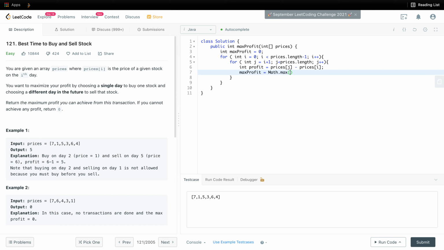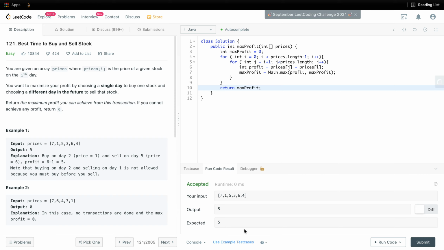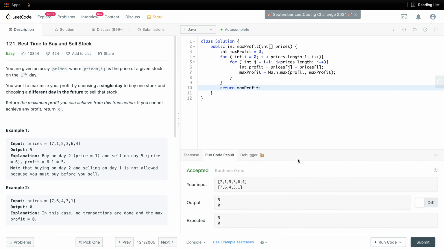So maxProfit is nothing but Math.max of profit and maxProfit, and we'll just return maxProfit. Let's try running this code. Let's try other test cases too.